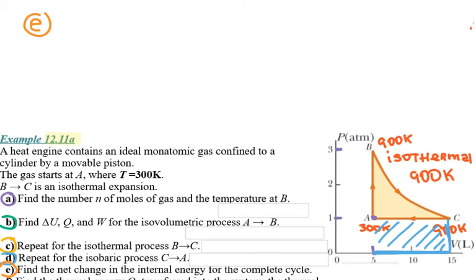So the gas comes back to the initial state, where it means the gas internal energy at the end is this, there's no change of energy at the end. So the change of energy through the whole cycle is equal to 0 joules.